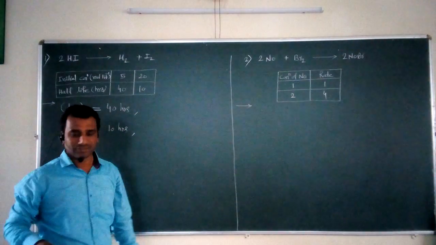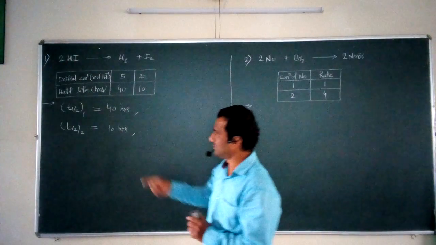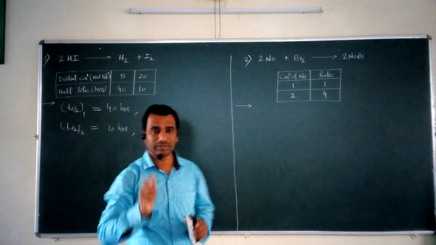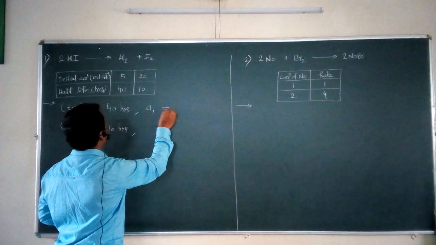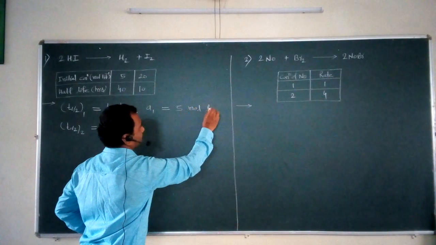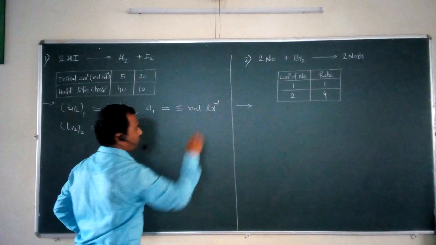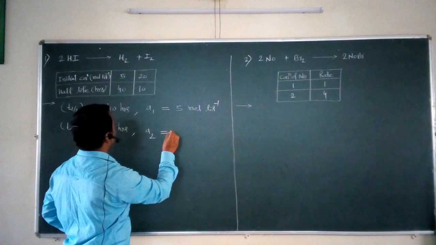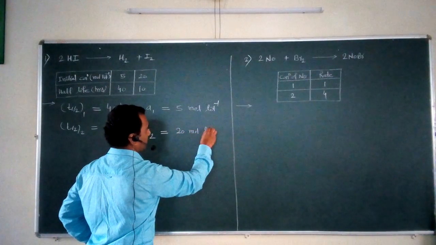After that, they give us the initial concentrations. There are 2 different initial concentrations. The first is 5 mole per liter and the second is 20 mole per liter. So we write that A1 is equal to 5 mole per liter, and the second initial concentration A2 is equal to 20 mole per liter.